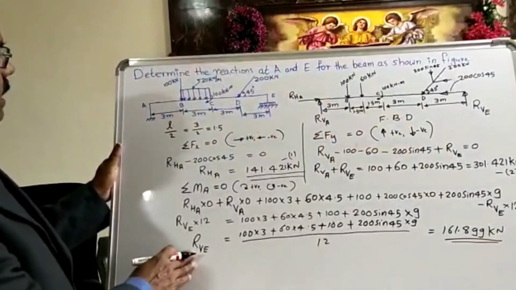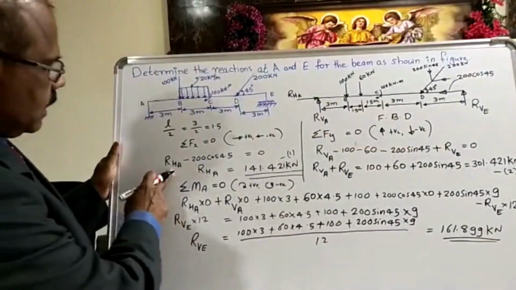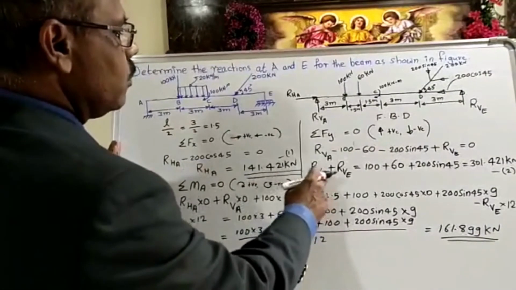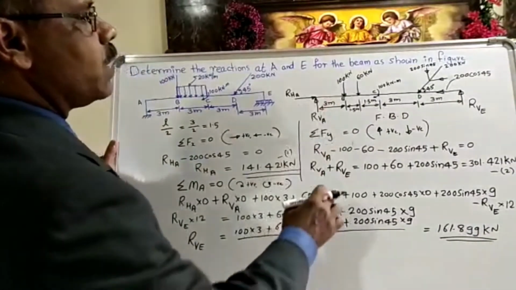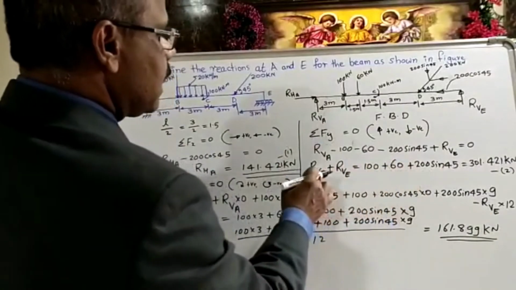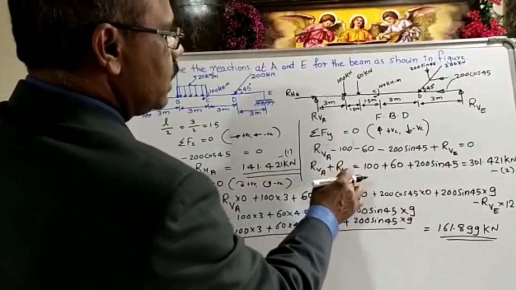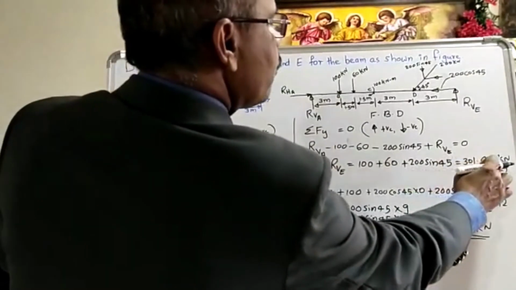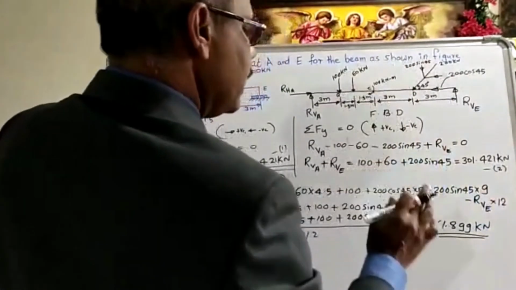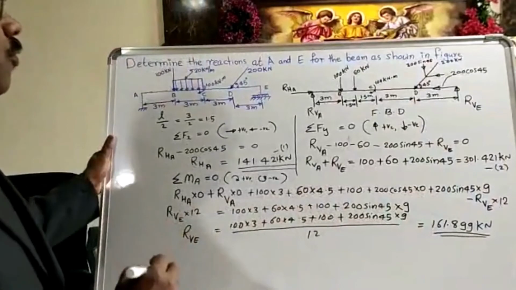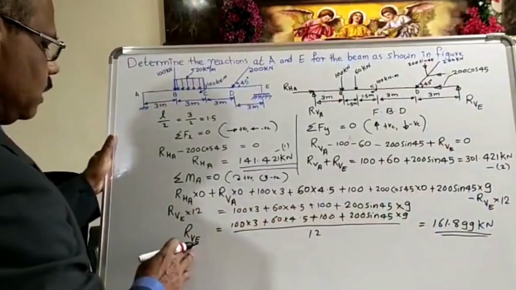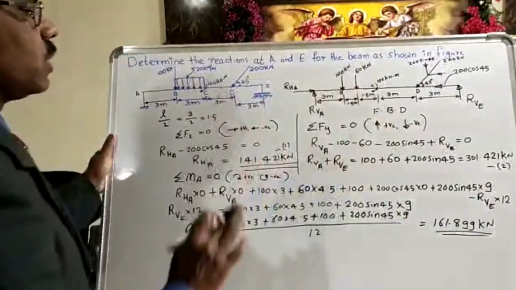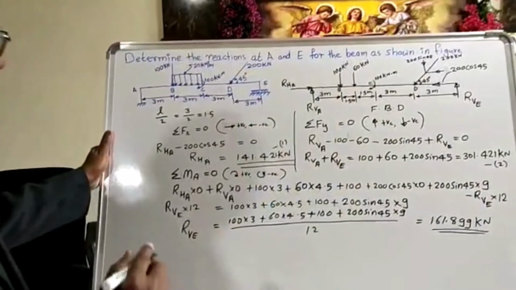Now RVE is there, RHA we are having, but RVA we don't have. But this equation is already there: RVA plus RVE is equal to 100 plus, like that, 301.421 kilonewton we have got. Put the value of RVE in equation number 2, then we will get RVA.